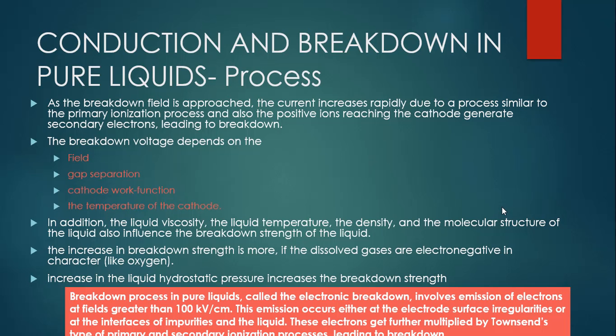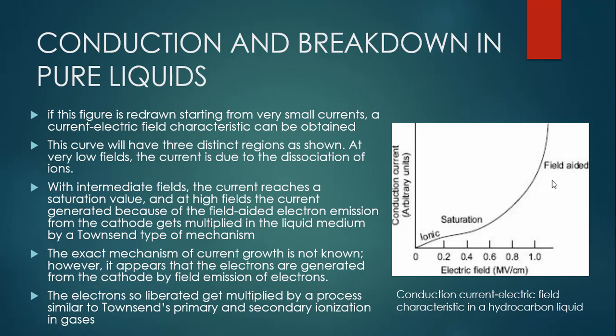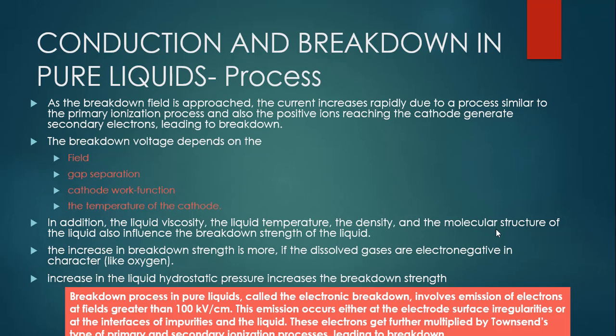As the breakdown field is approached, the current increases rapidly due to a process similar to the ionization that we have talked about previously in the Townsend kind of process. Again, as a recap, the breakdown voltage depends on the field, the gap separation, the cathode work function, and the temperature of the cathode.